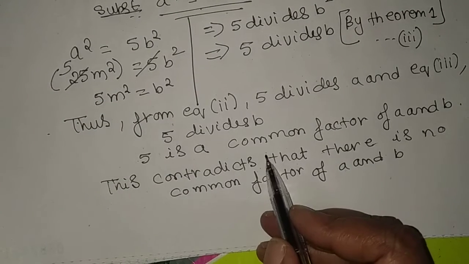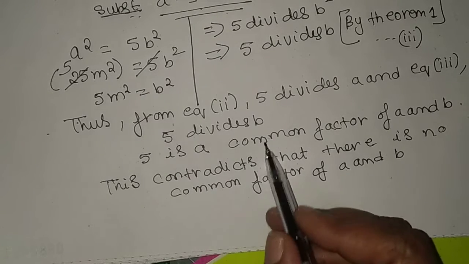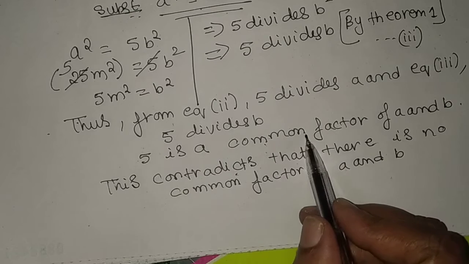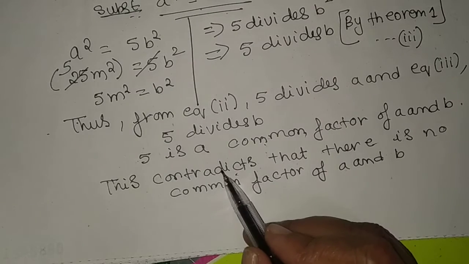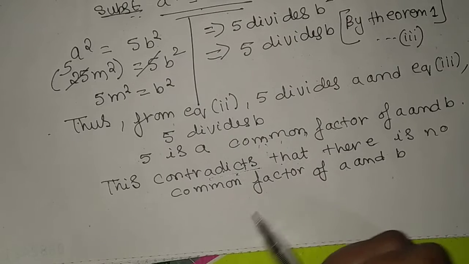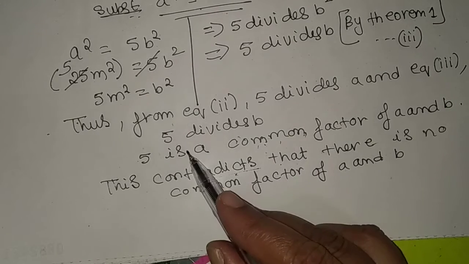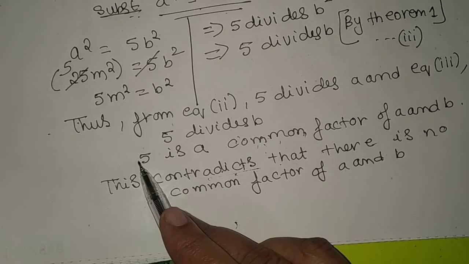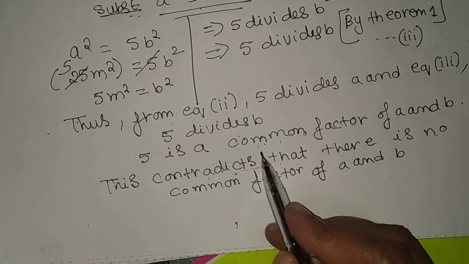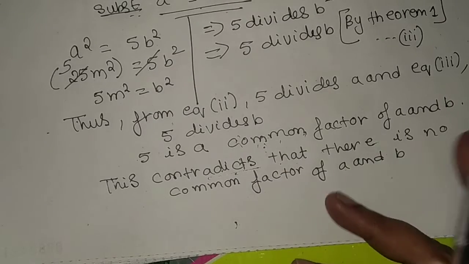Contradicts means the opposite or the negation of this statement; if this one is true, the contradiction of this will become false. In this case, when both are true, the negation should also be true, then this proof will be correct.